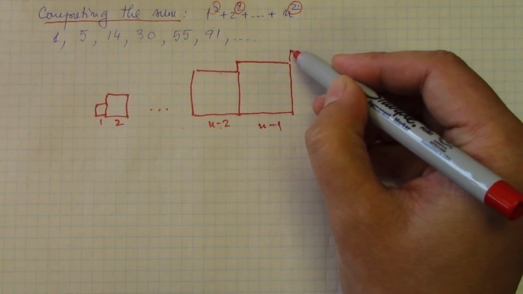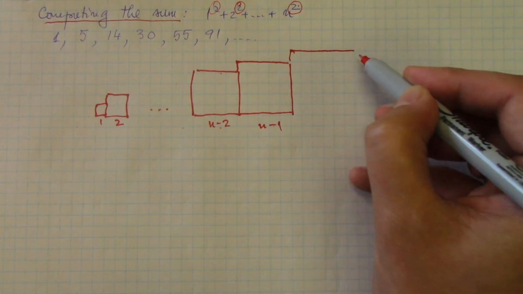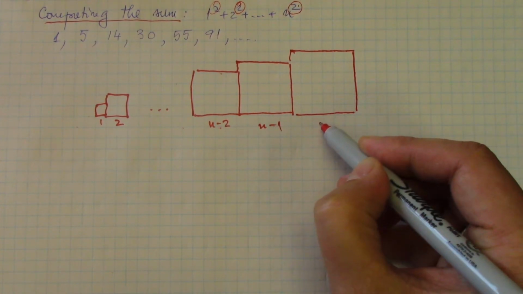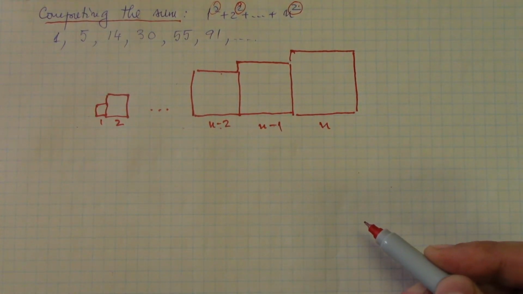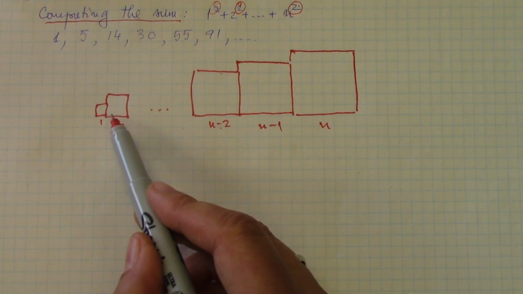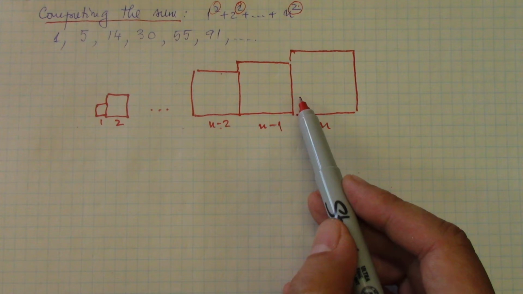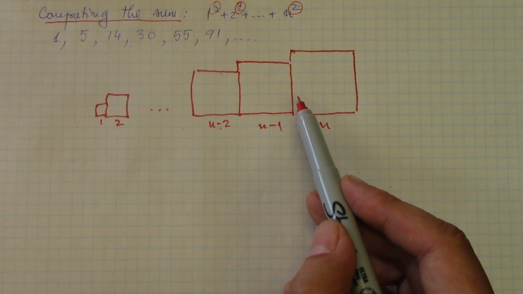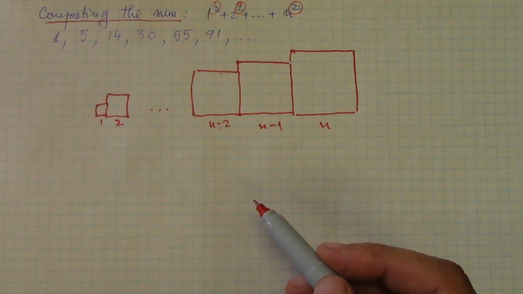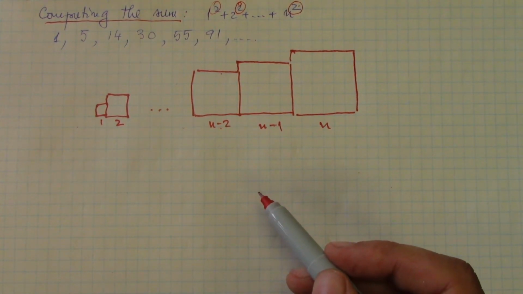And next to it, finally, a square of side n. So really, this is the natural way, at least to me, different from this way of writing the sum. Is this of any help?